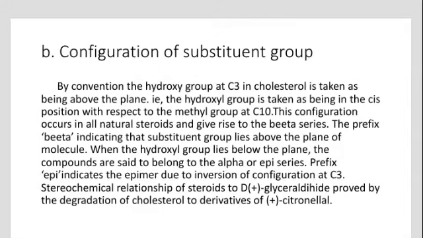This configuration occurs in all natural steroids and gives rise to the beta series, the prefix beta indicating that the substituent group lies above the plane of the molecule. When the hydroxyl group lies below the plane, the compounds are said to belong to the alpha or epi series. The prefix epi indicates the epimer due to the inversion of configuration at the 3rd carbon.